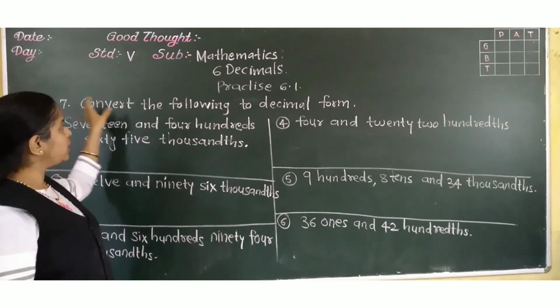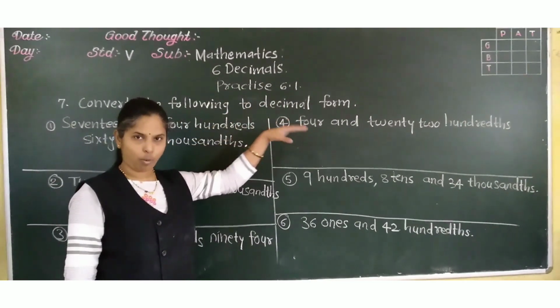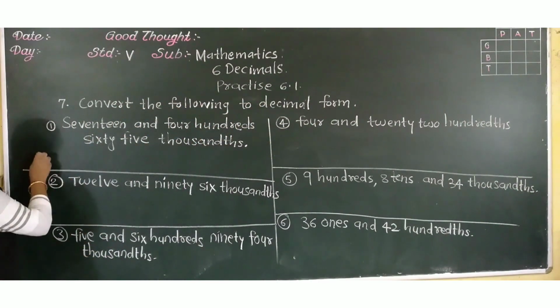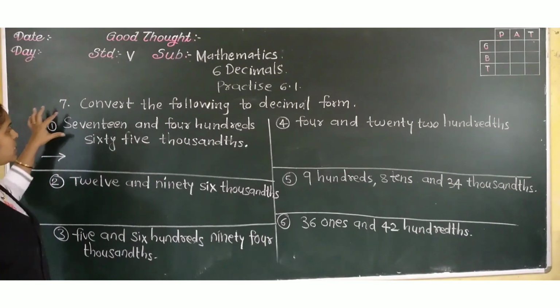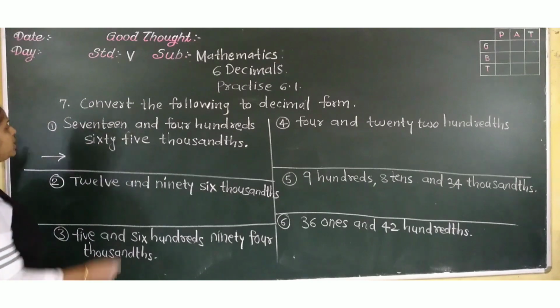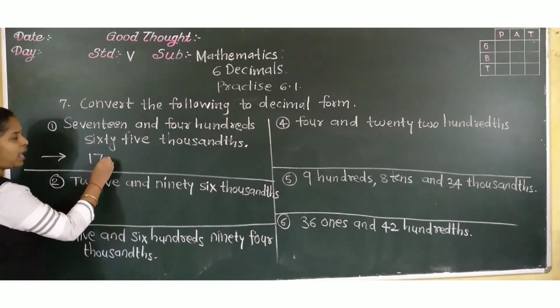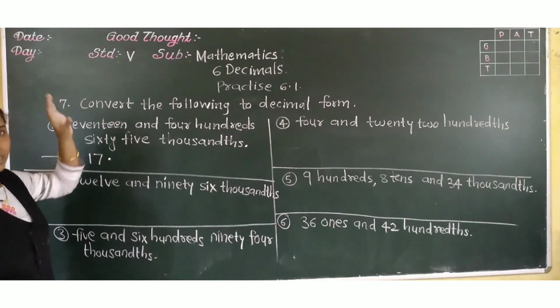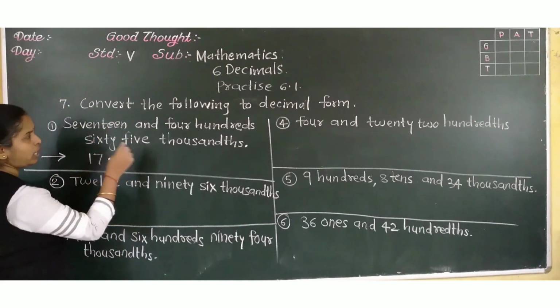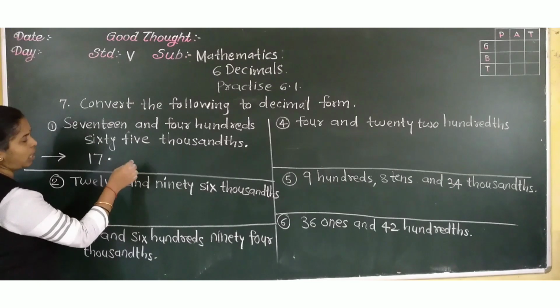Question number 7. Convert the following to decimal form. Okay, now they have given it in word form, we have to convert it into decimal form. 17 and means 17 whole number and decimal 465 thousandths.